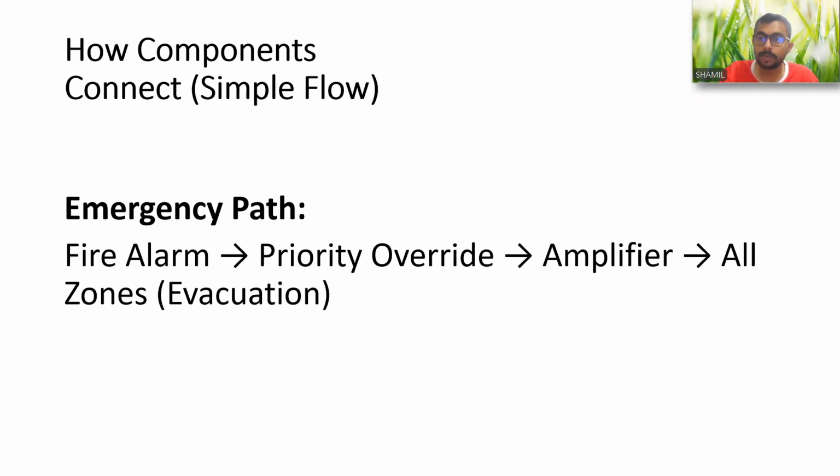The messages played for the emergency evacuation will have the topmost priority compared to other audio messages. These messages will be transmitted to the amplifier, which will strengthen the signal and transmit it to all the zones, regardless of the zone selector. So this is about the emergency path.